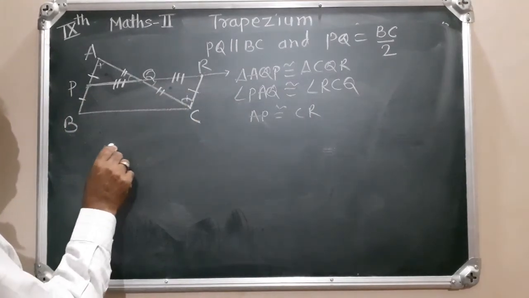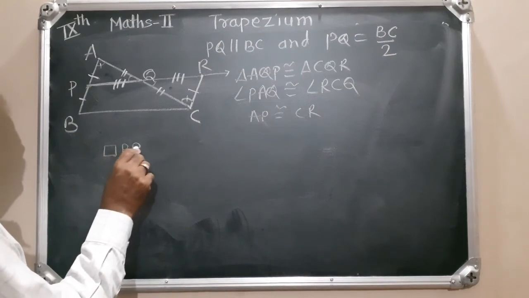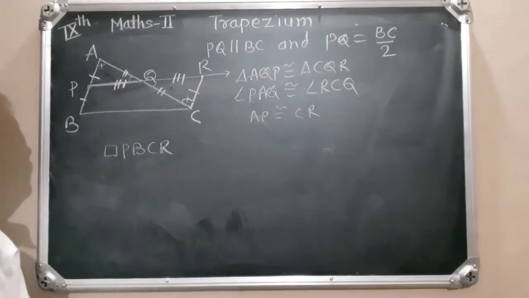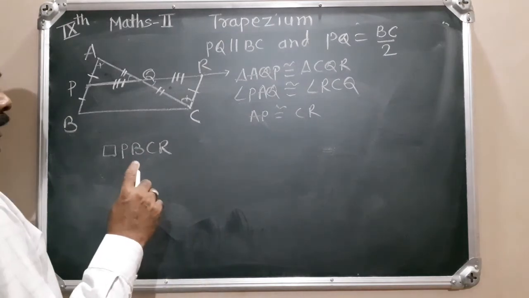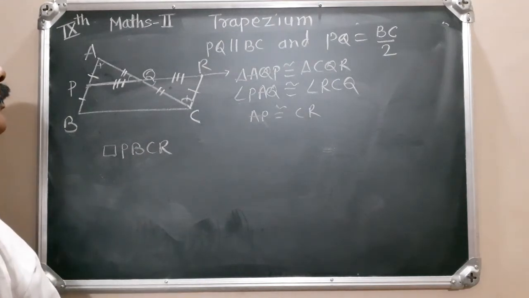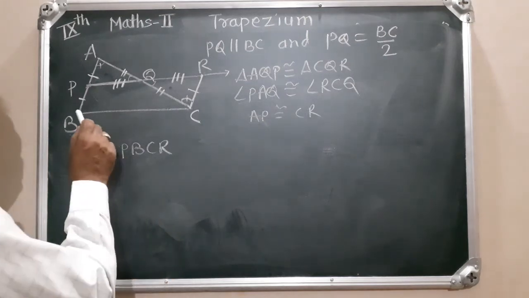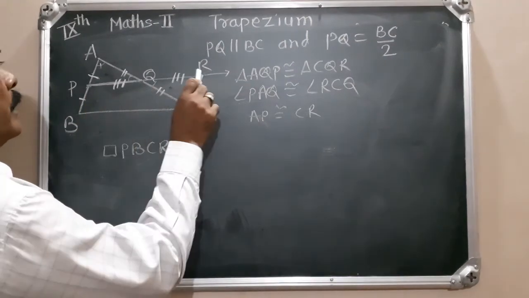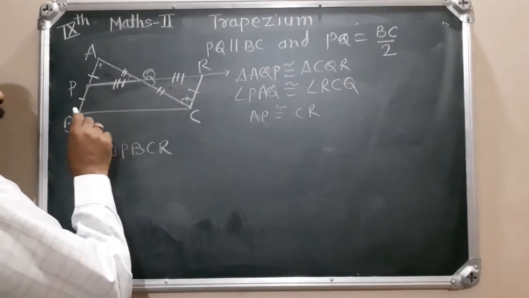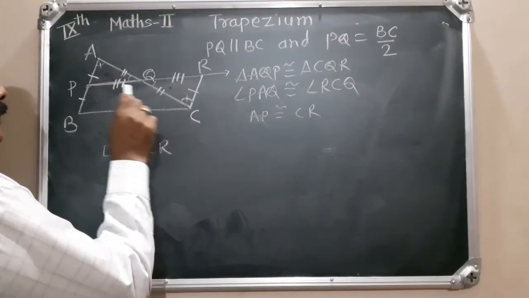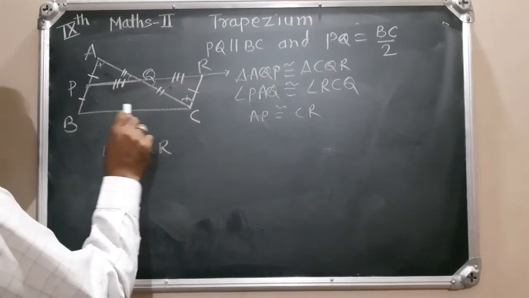That means quadrilateral PBCR is a parallelogram. That means its opposite sides are parallel. That means BC is parallel to PR. It means segment PQ is parallel to BC.